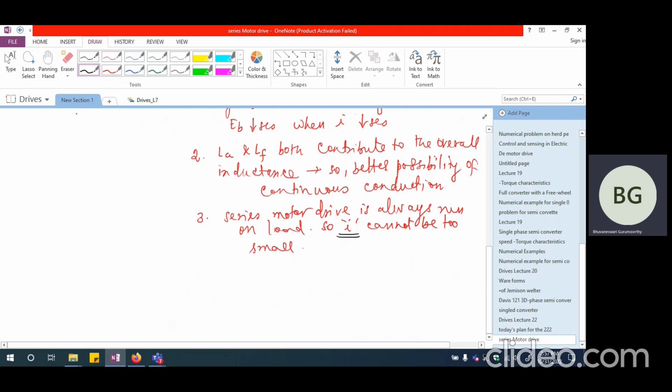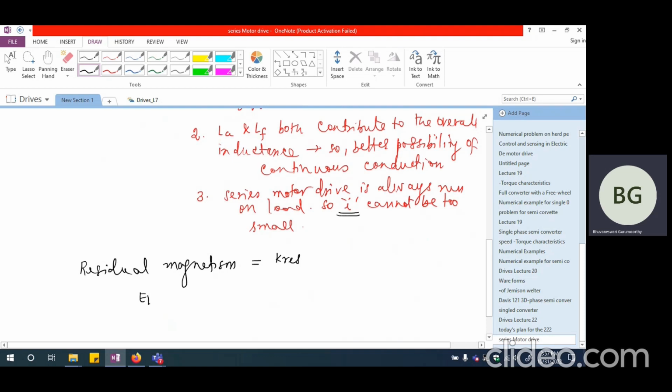We might write that actually there will be some amount of residual magnetism in the field circuit. So if we say that the residual magnetism is something like K res, we can write back EMF equal to K res multiplied by omega m plus K dash I multiplied by omega m, where K dash I is the field flux contributed because of the current and K res is the flux contributed in the form of residual flux.